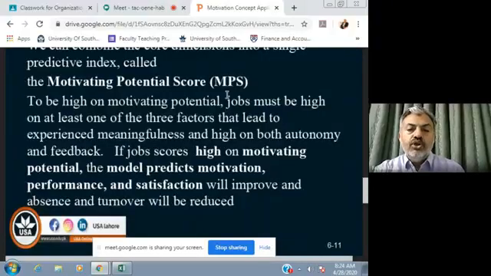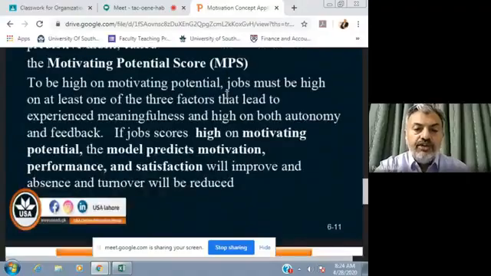So if your job scores high on motivating potential and the model predicts motivation, performance, and satisfaction, these will improve, and the workers' skill level will also improve with the passage of time, and absence and turnover in the organization will be lowered or reduced.